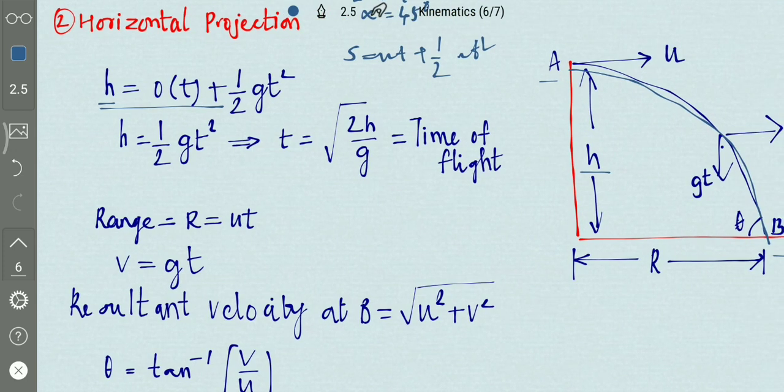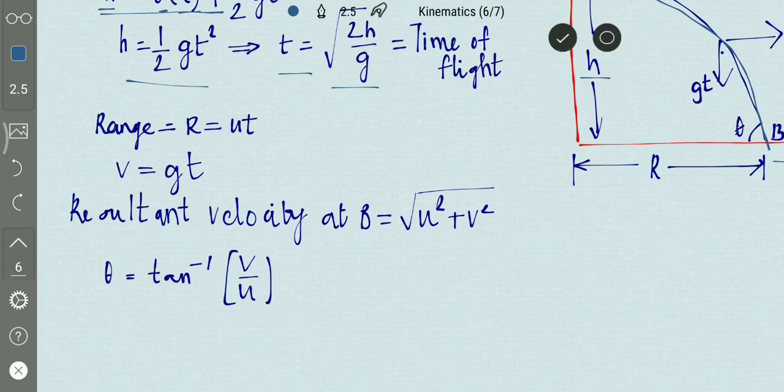So h is, u is 0, the vertical initial velocity will be 0, into time plus half g t square, because it is traveling downwards. The acceleration due to gravity will be positive. So h is half g t square and t is under root 2h by g. This is the time of flight for a horizontally projected body.